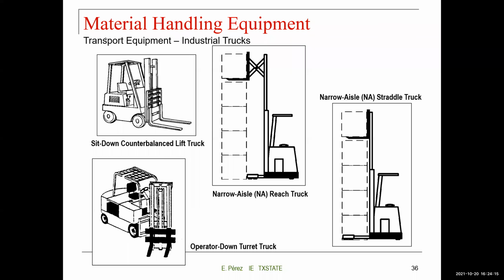Industrial trucks. So these are the lift trucks. Again, if you are moving things from one point to another and also lifting, these are the trucks that you will be using. Some of them are designed for narrow aisles. So in warehouses, if you have very narrow aisles and you need to move things from point A to point B and also up and down, these are common.